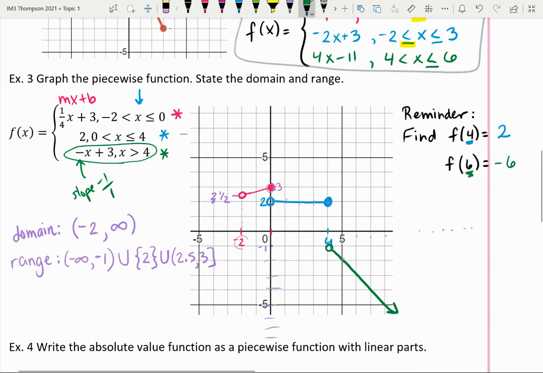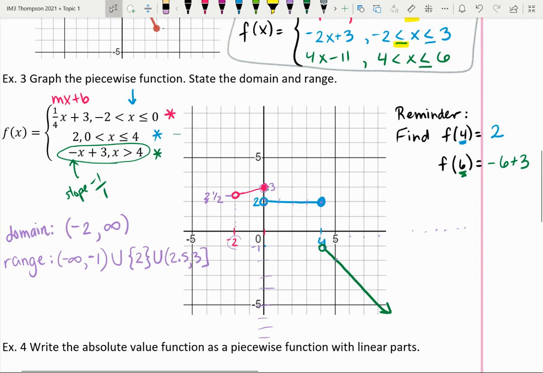So I get negative x plus 6, which turns into negative x plus 3, which turns into negative 6 plus 3, which gives me negative 3. If you need a little bit more instruction on that, you could always look up a video on evaluating piecewise functions at a value for x.